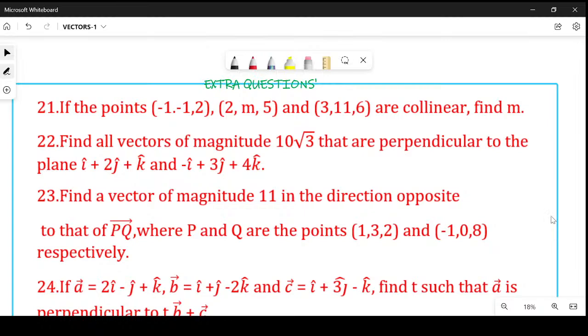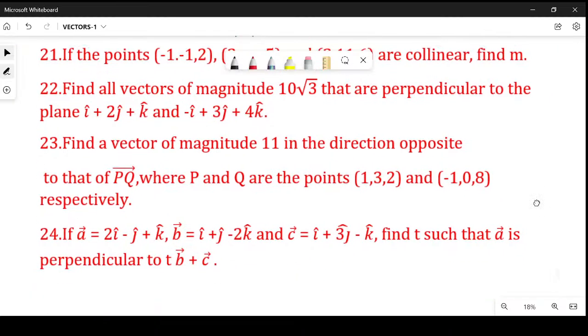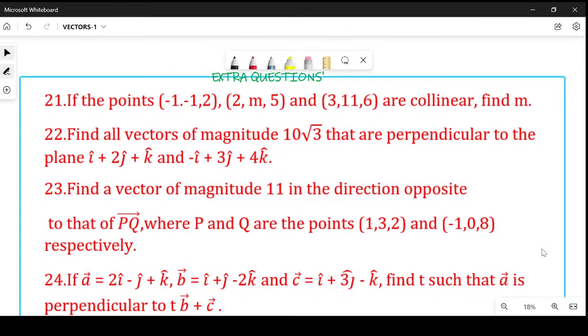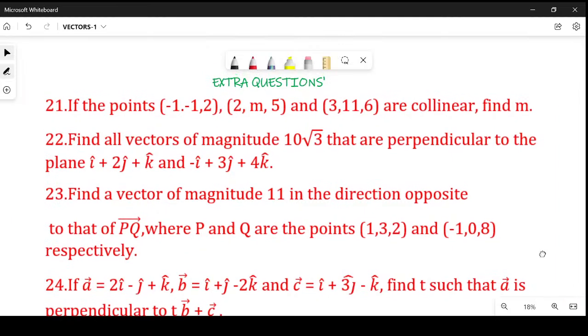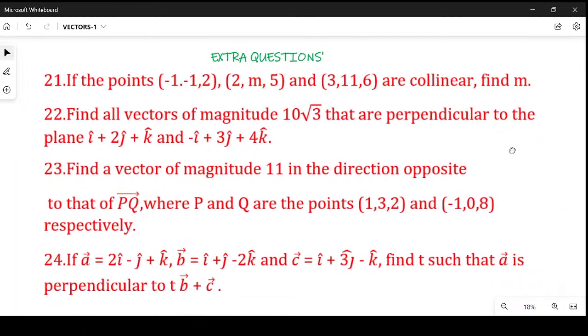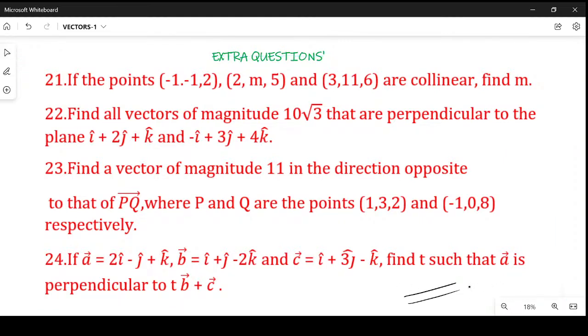If anyone requires help solving these problems, let me know. I can explain to you. If required, I can explain these extra questions also. These are the extra questions I have given here. Just observe that this is an extra question. So with this, I am going to complete the topic today.